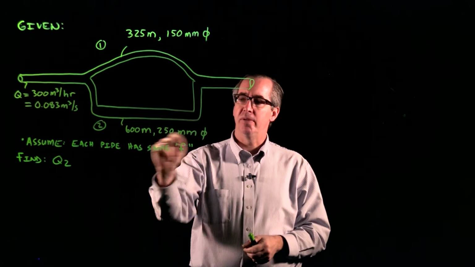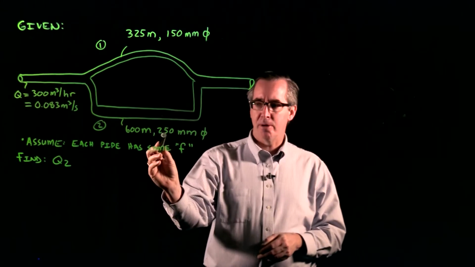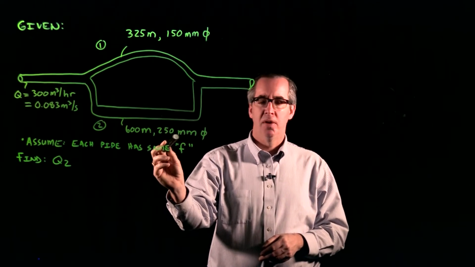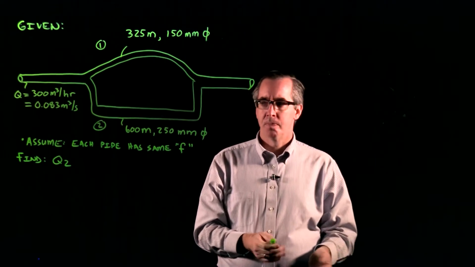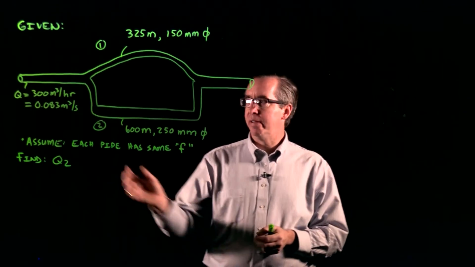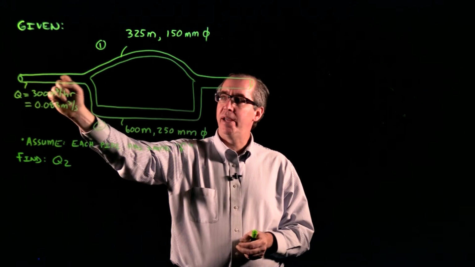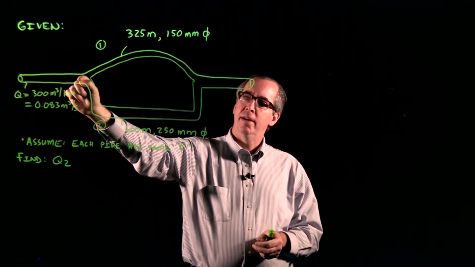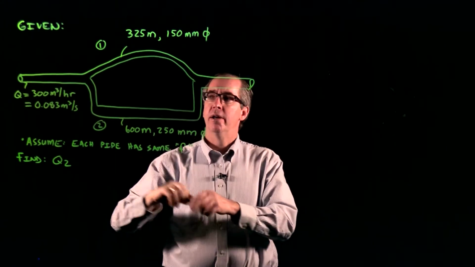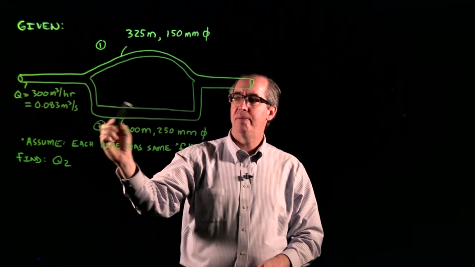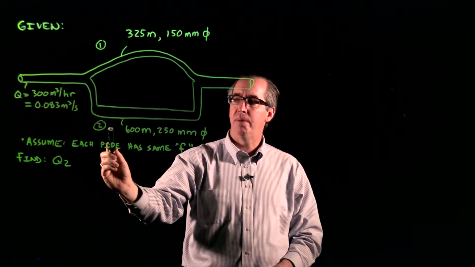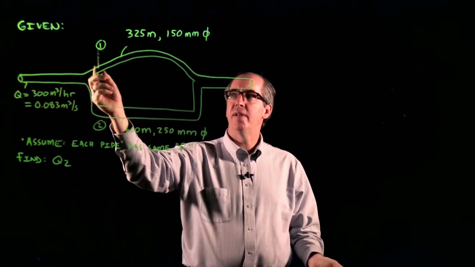It's 600 meters in length, and it has a diameter of about 250 millimeters, which would be like a 5-inch pipe. What we're trying to figure out is, if we have 0.083 cubic meters per second that approaches this point and splits off between these two pipes, how much of that flow is going to go to pipe 2 and conversely how much would go to pipe 1.